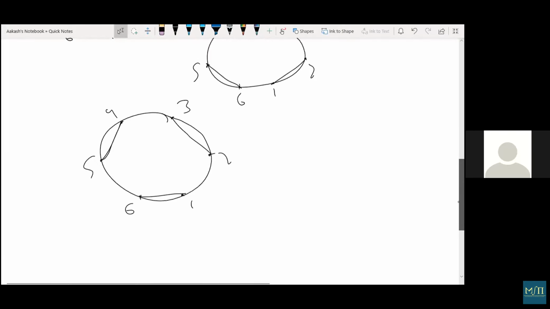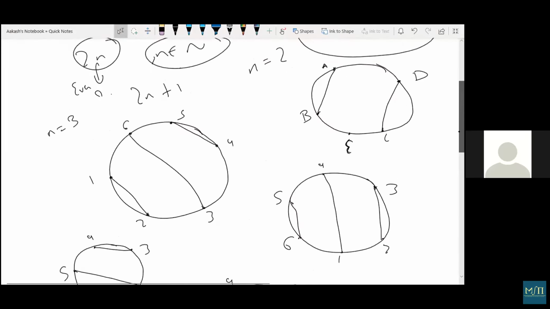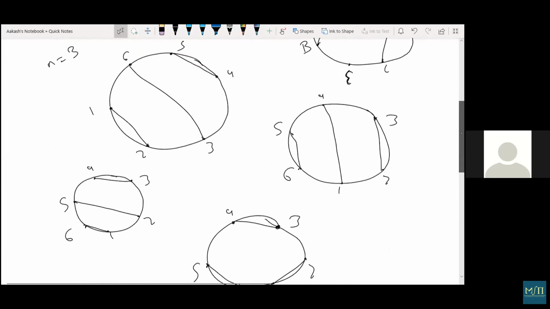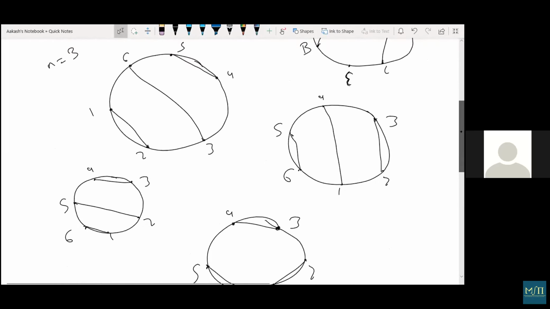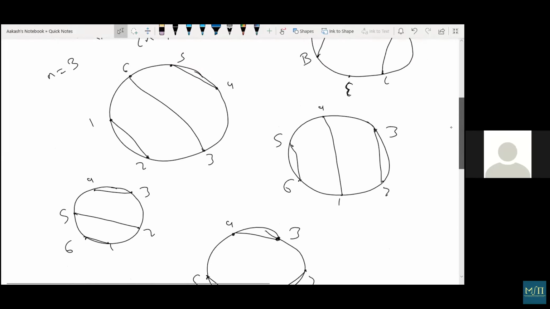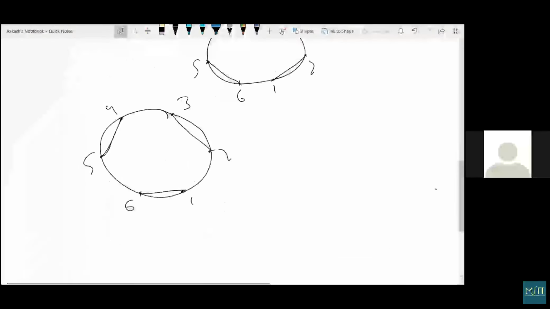These are the only possible cases. Any questions till now? I'm just randomly making all the cases for n is equal to 3. So there are 5 cases for n is equal to 3.